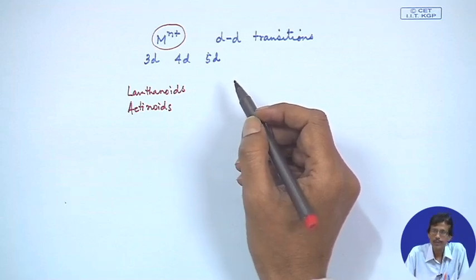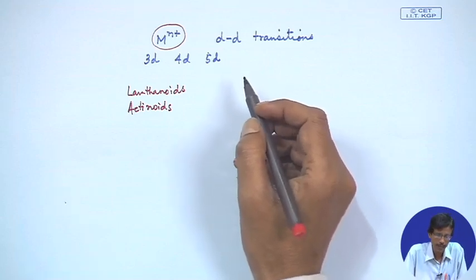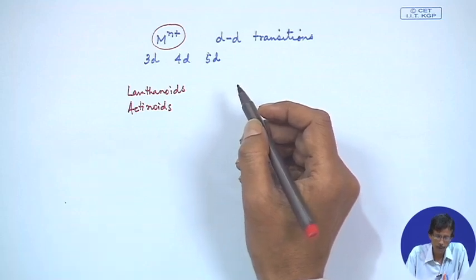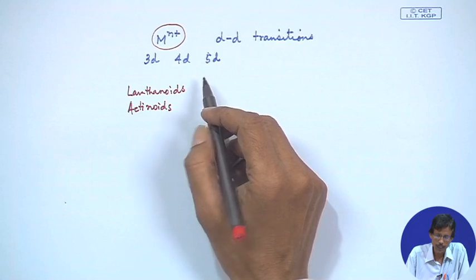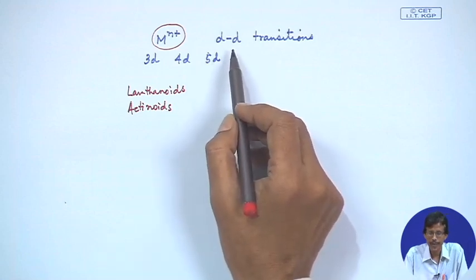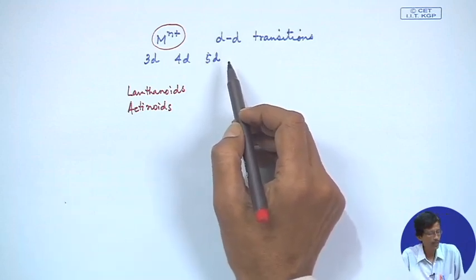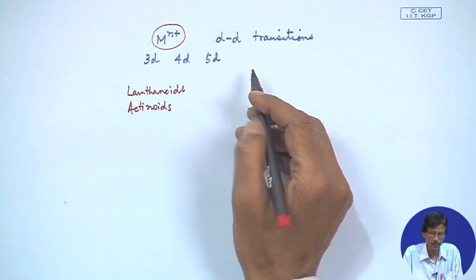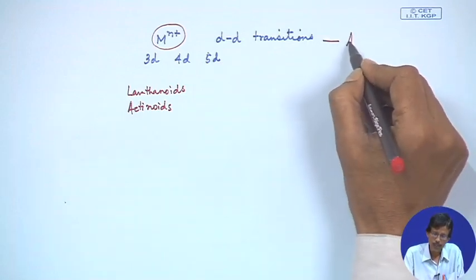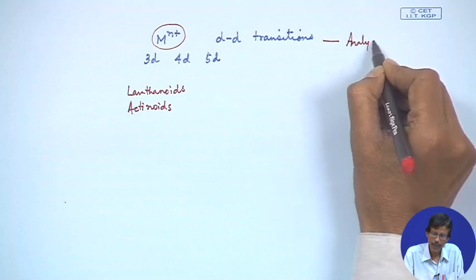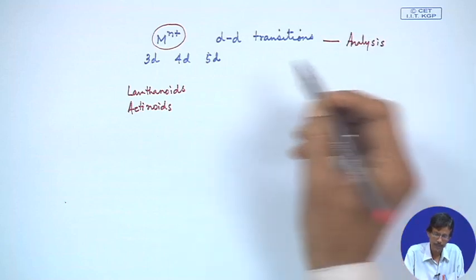Whenever we see this in analytical chemistry, can we apply this? Because we are now experienced in how we can use the d-d transition for analysis. It is very simple how we can utilize d-d transitions for analysis.